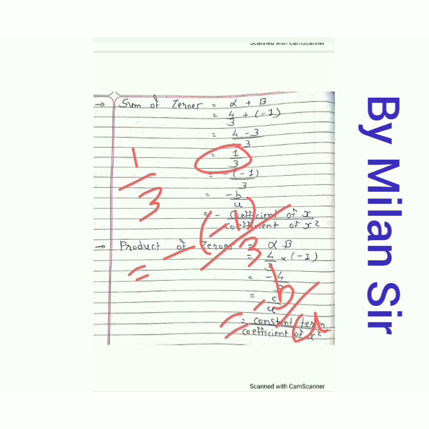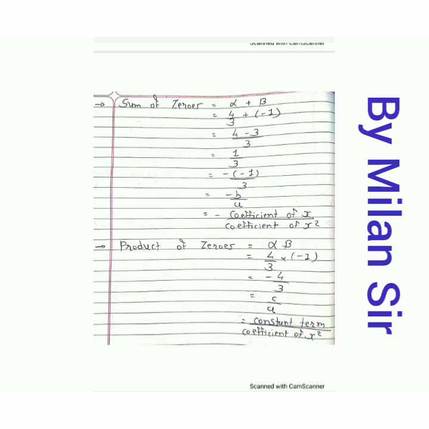If b also has a minus sign, then we need to write it in brackets. So minus in bracket minus 1 divided by the value of a, that means 3. Now b means the coefficient of x and a means the coefficient of x square, and before that a minus sign is there. Okay, so sum of zeros is done.